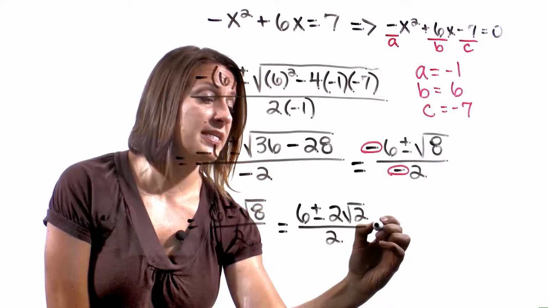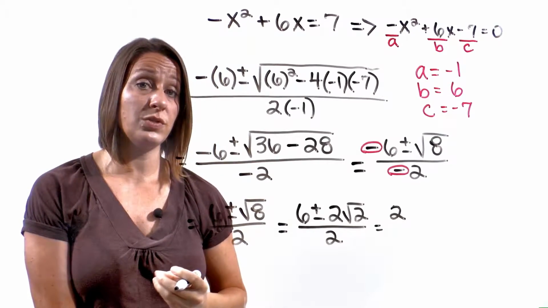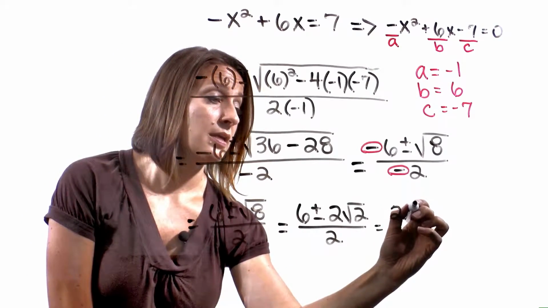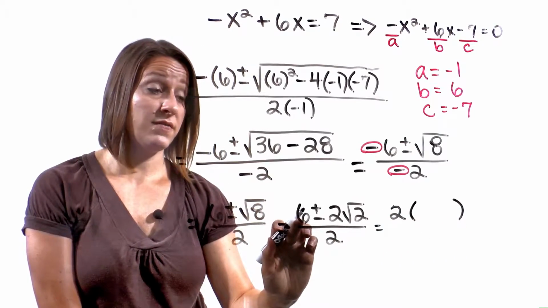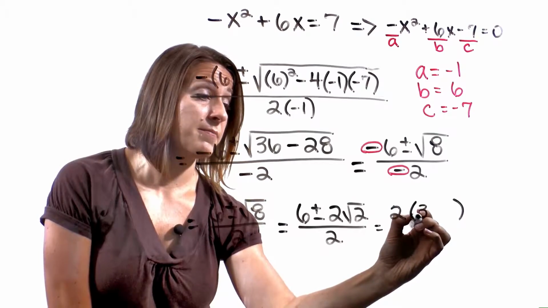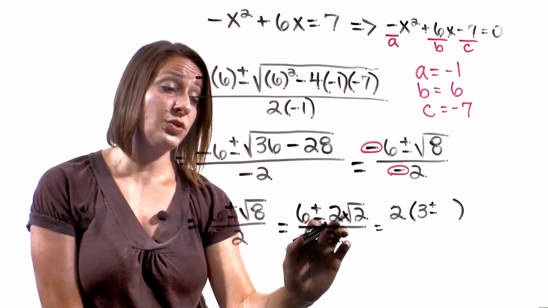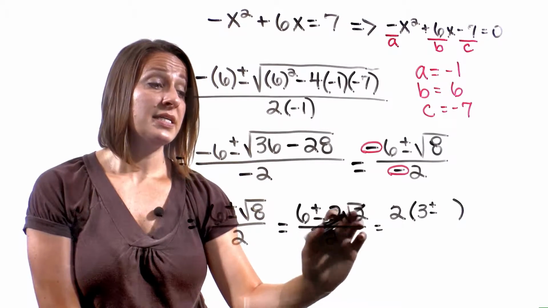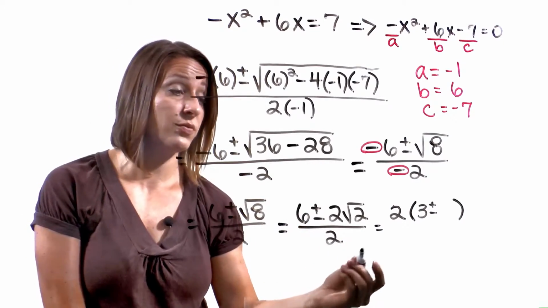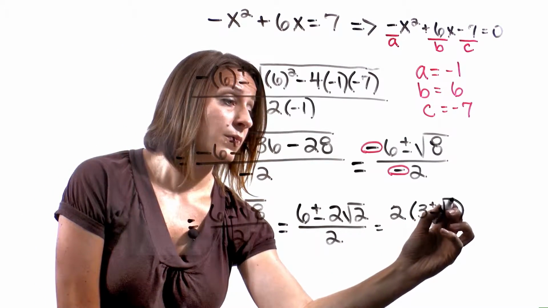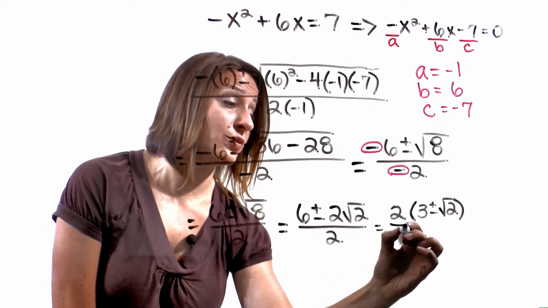So to simplify this answer further, we'll bring that common term 2 to the front, and that will leave us with 6 divided by 2 is 3, our plus or minus symbol, and this whole number 2, when we factor out a 2, we're left with 1, which we don't have to write, so we can just write radical 2. All of that is still over 2.